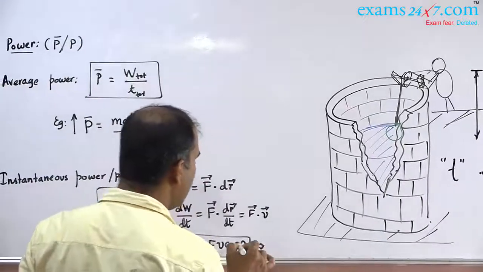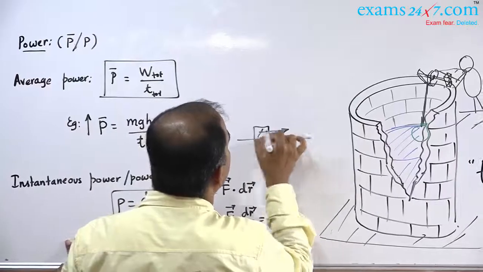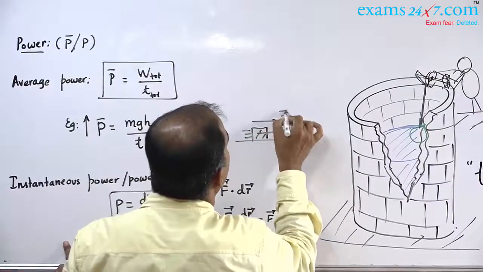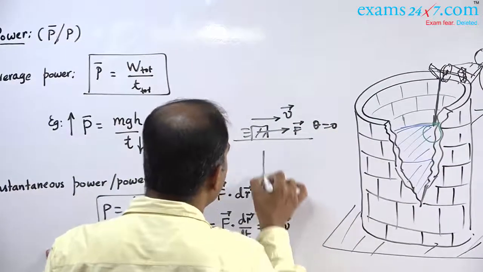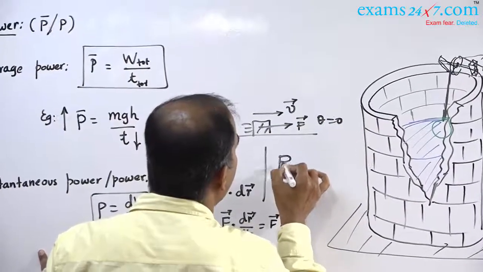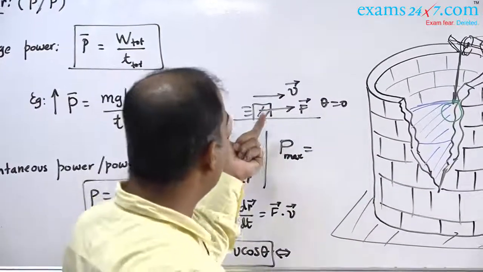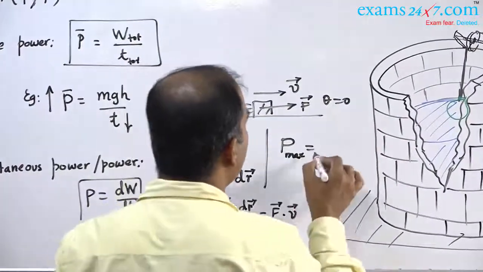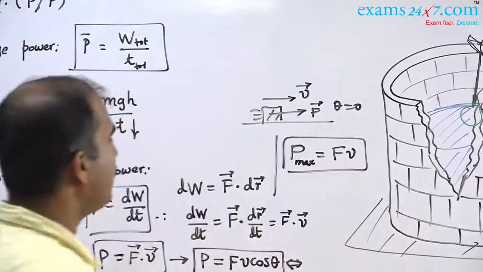If theta equals 0, in other words, the force acting on the object and its velocity are in the same direction, then cos theta equals 1. So the maximum power is delivered when the force is parallel to the velocity, which is simply force times velocity.